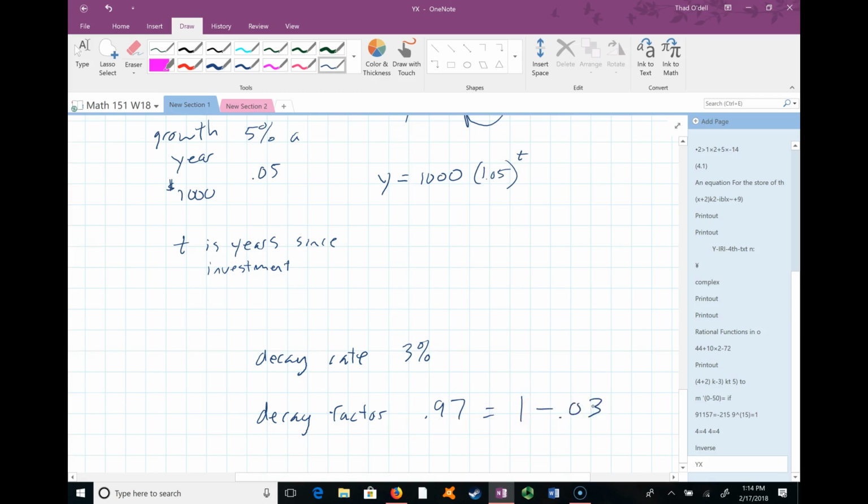Or you could think of the decay rate is 3%, which means the decay factor is 97%. But of course we change it to decimal equivalent when we put it in the equation. Okay, so that's some vocabulary.